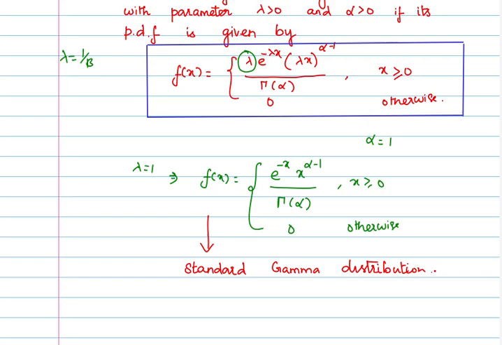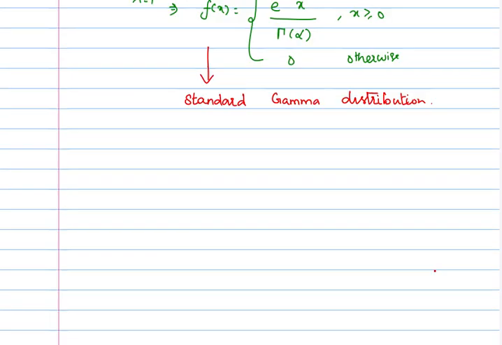Next, I want to say what is the mean and variance. First, the mean of the gamma distribution. The mean is always denoted by the Greek letter mu, and it is alpha over lambda.